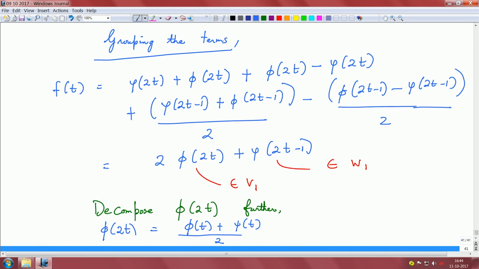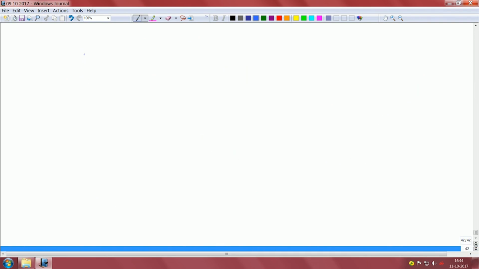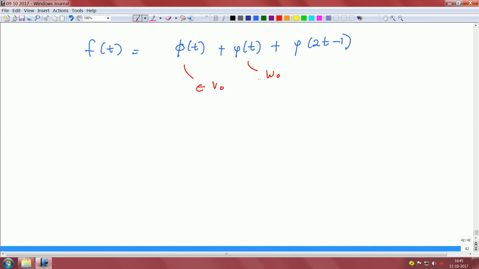Now, we plug everything together, right, and then we land up with f of t is phi of t plus psi of t plus psi 2t minus 1. And if you see the spaces, this belongs to V0, this belongs to W0 and this belongs to W1.